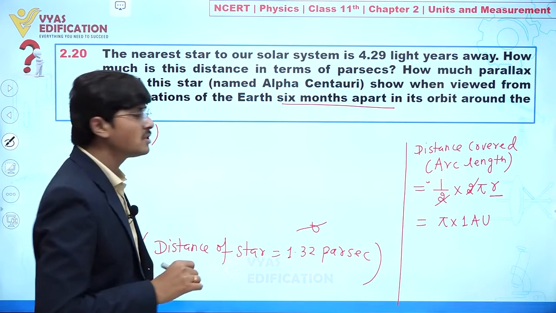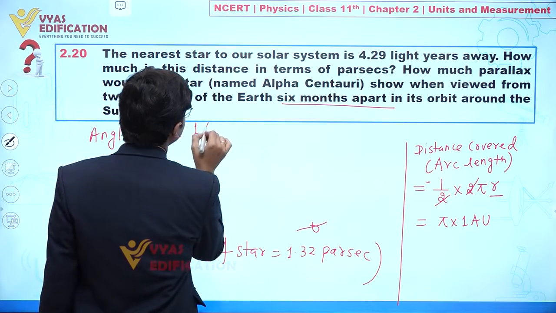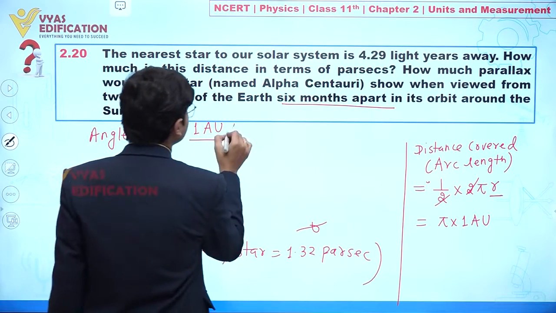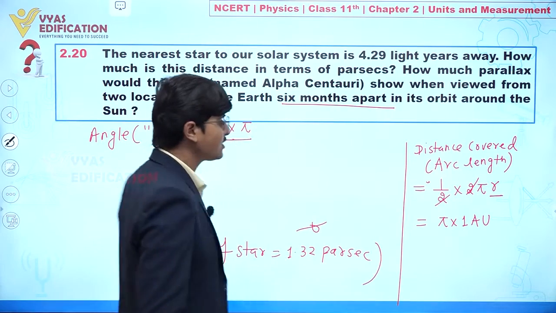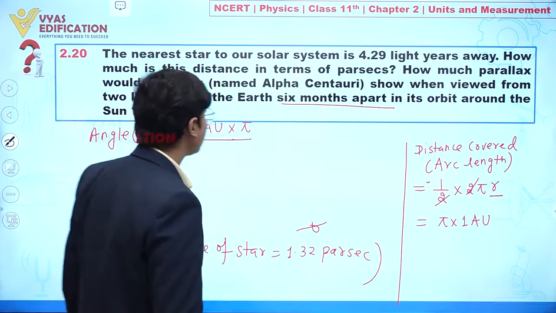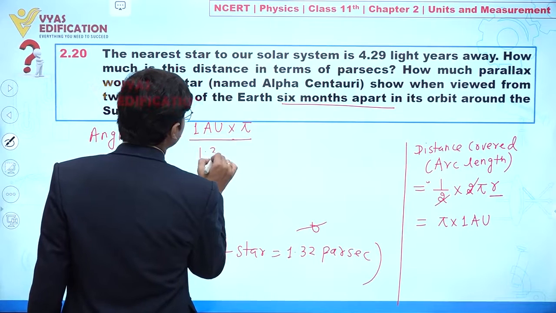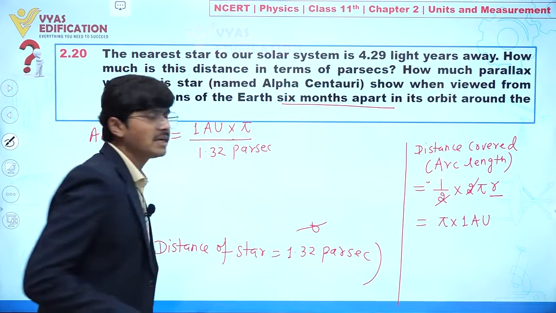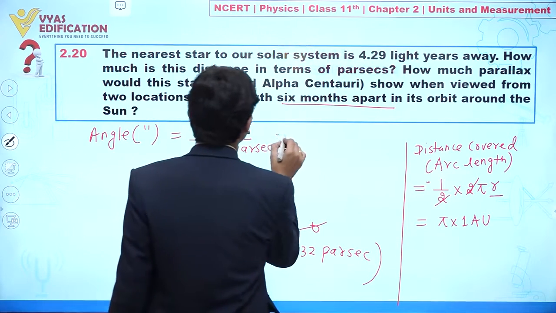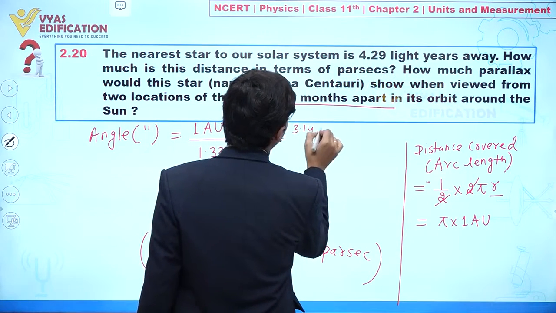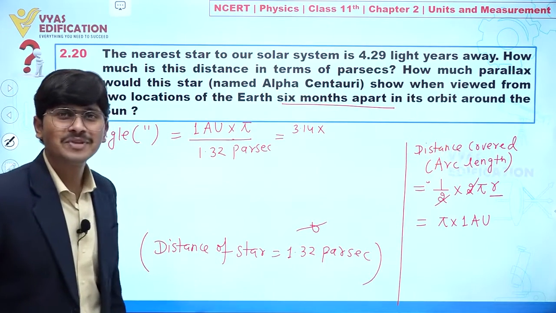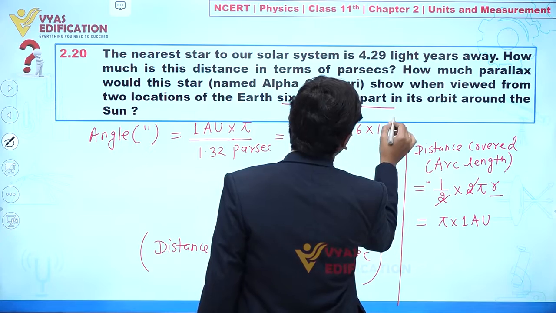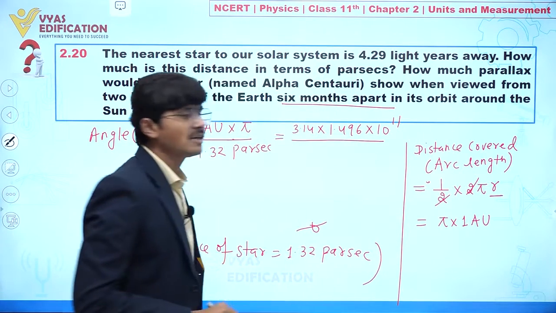Because here this arc length is in astronomical unit, and this is multiplied with pi. It is given as pi multiplied by 1 astronomical unit divided by 1.32 parsec. So 3.14 multiplied by 1 astronomical unit, which is 1.496 into 10 to the power 11, divided by the distance.